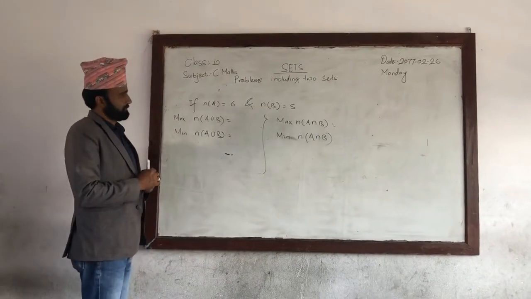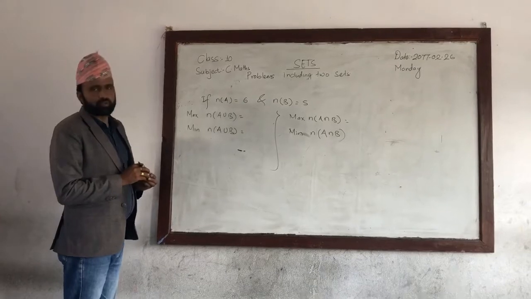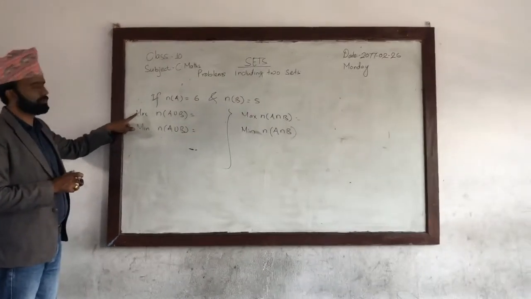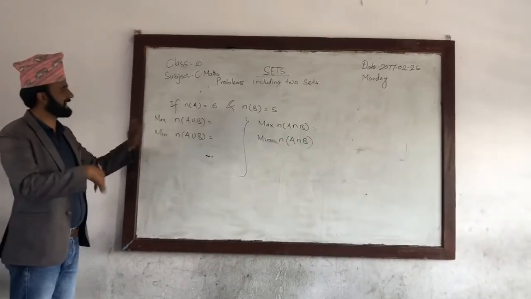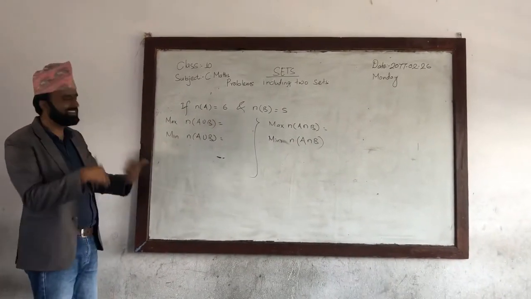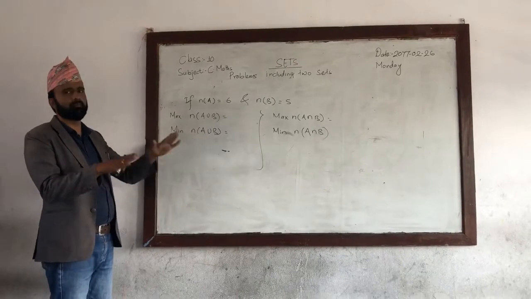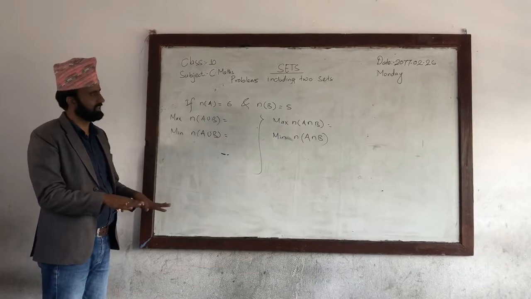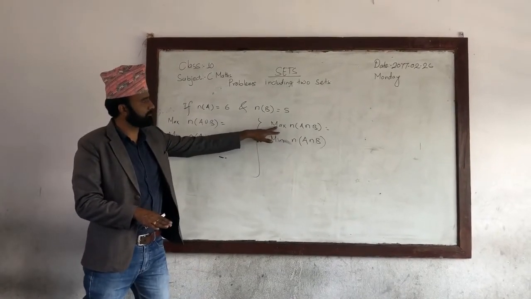Now students, what is the maximum A intersection B? In what condition will it be maximum, and in what condition will it be minimum, at most and at least?